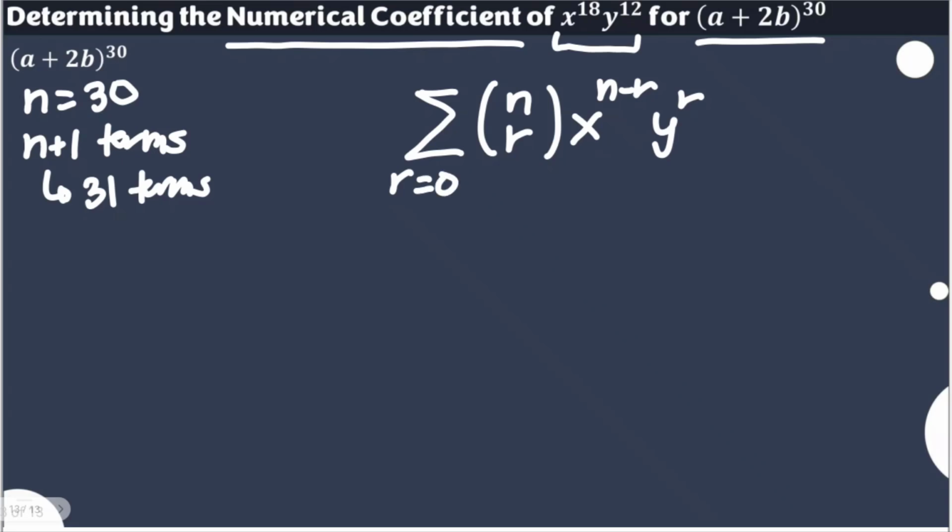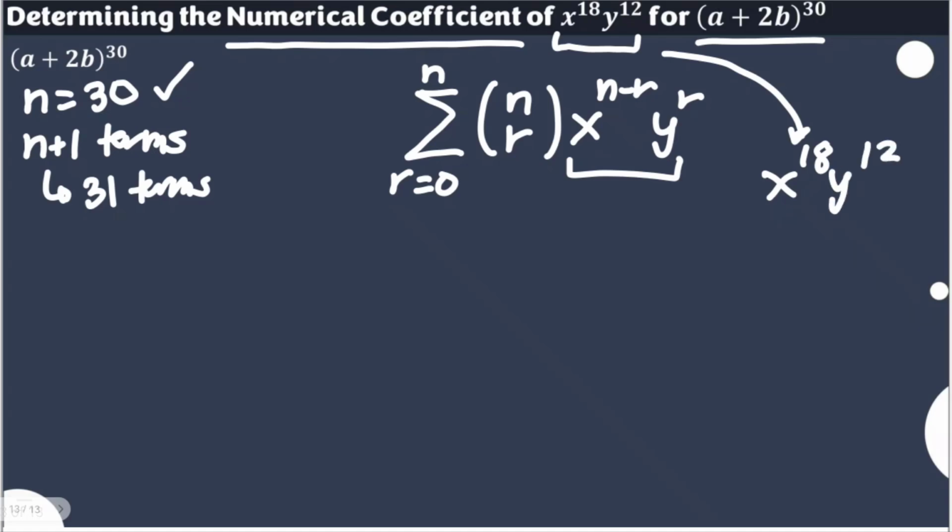as r starts from 0 to n. Since we know that our n is 30, that's the exponent for our expansion, the next part is to determine our r using this form. We're looking for x to the power of 18 and y to the power of 12, so r is equal to 12.